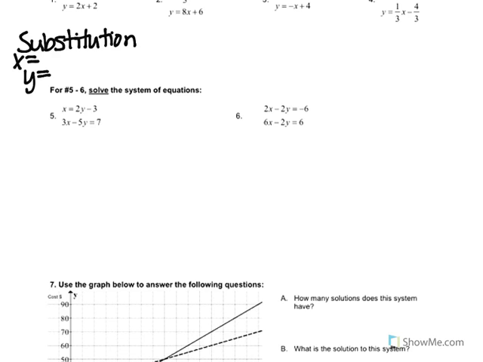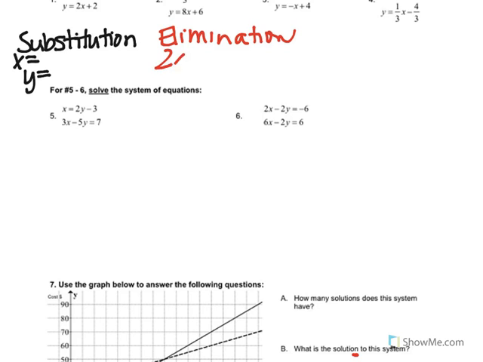We could use elimination. And elimination is a good method when we have a number on top, say 2x, and then the second equation has the exact opposite.